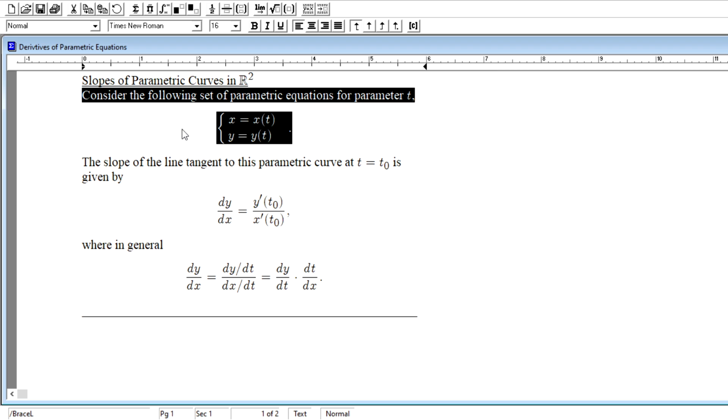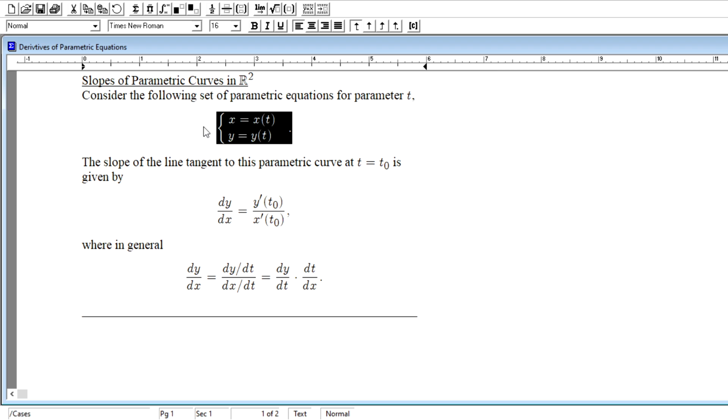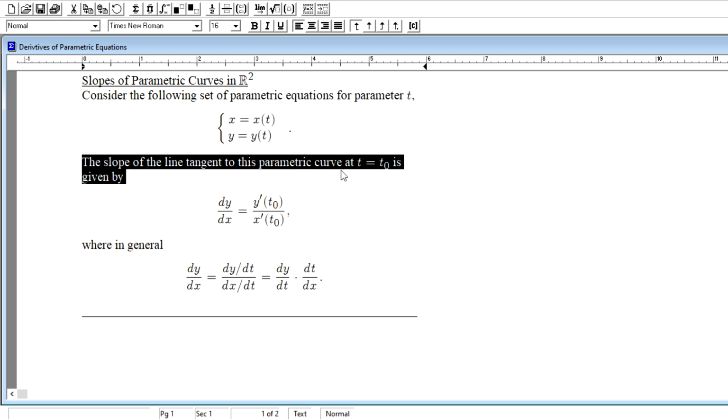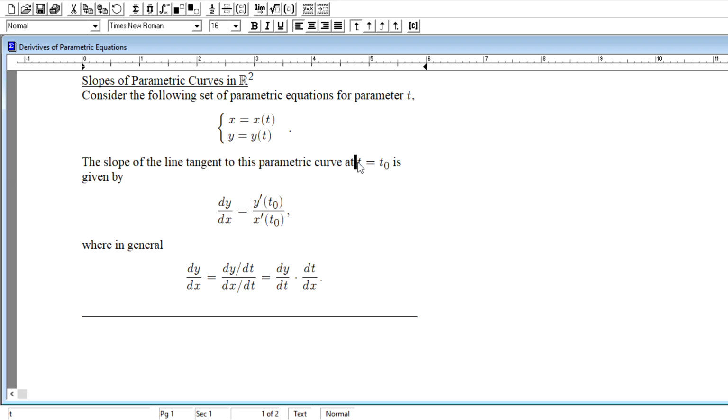I say here, consider the following set of parametric curves, given in general as x equals x of t and y equals y of t, x and y being these two generic functions of parameter t. The slope of the line tangent to this parametric curve at the value of t equal to t naught is given by this value we understand as dy/dx.